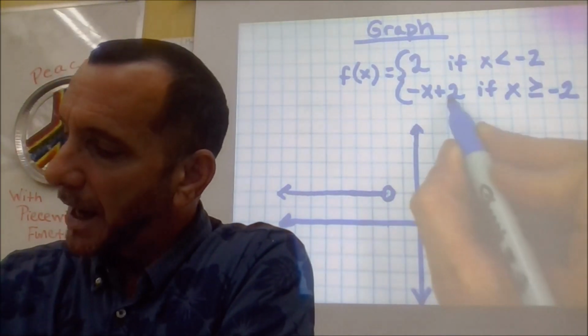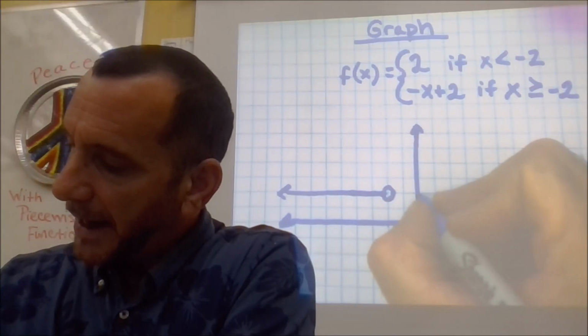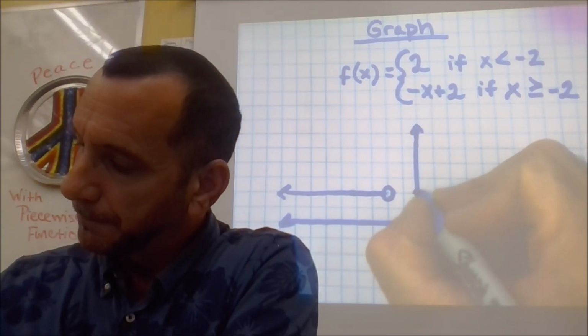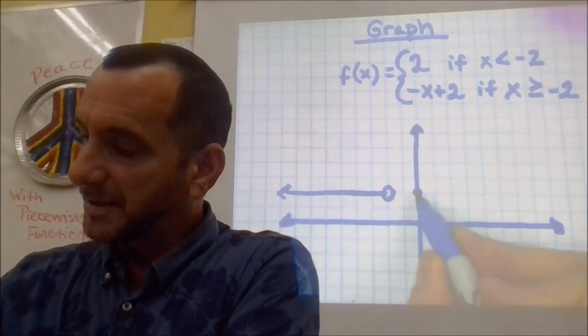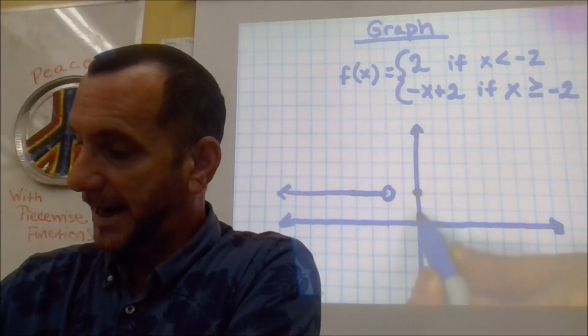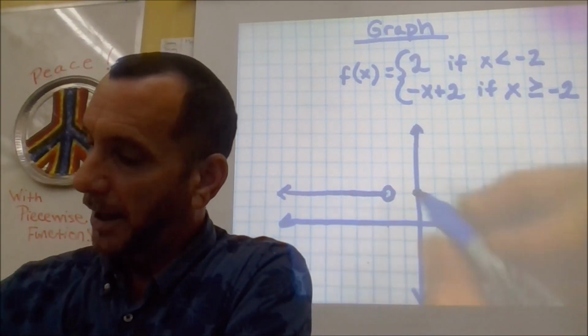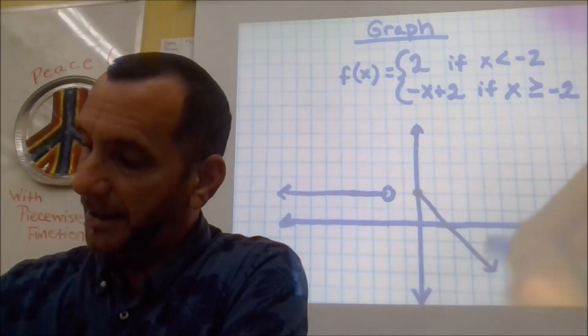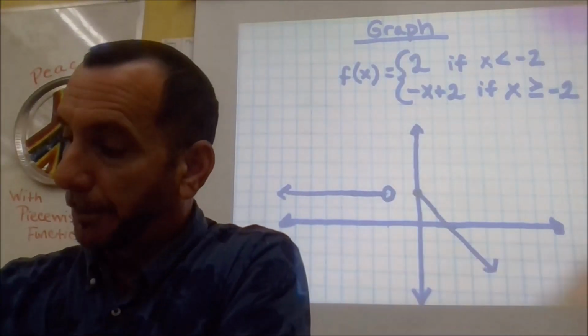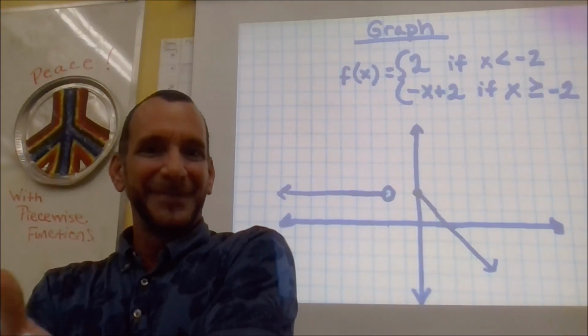We've got a y-intercept at +2. We're just going to graph the line. And then we're going to use a slope of -1, down 1, over, down 1, over. And there is our slope of -1, and that's the line, and it would go normally in both directions forever.